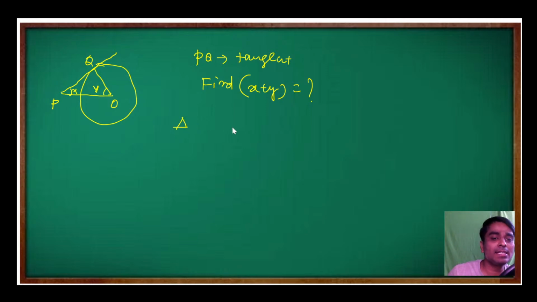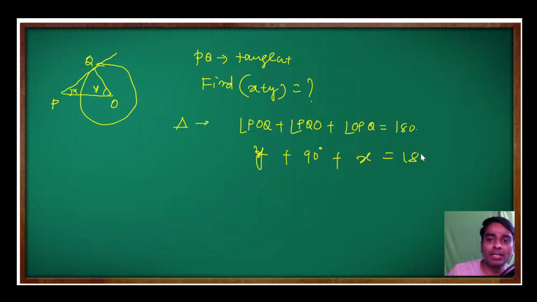Since triangle is there, you write sum of three angles equal to 180 degree. Which are they? POQ plus PQO plus OPQ equal to 180. What is POQ? Y. What is PQO? 90 degree. What is this? X. 180. So simply x plus y will be 180 minus 90, which is 90 degree.